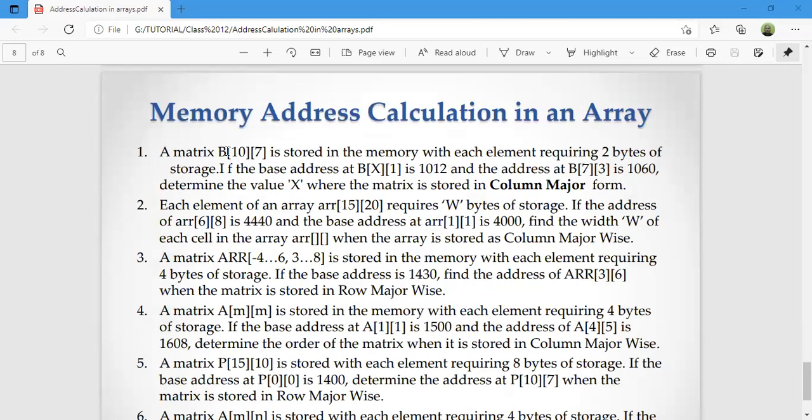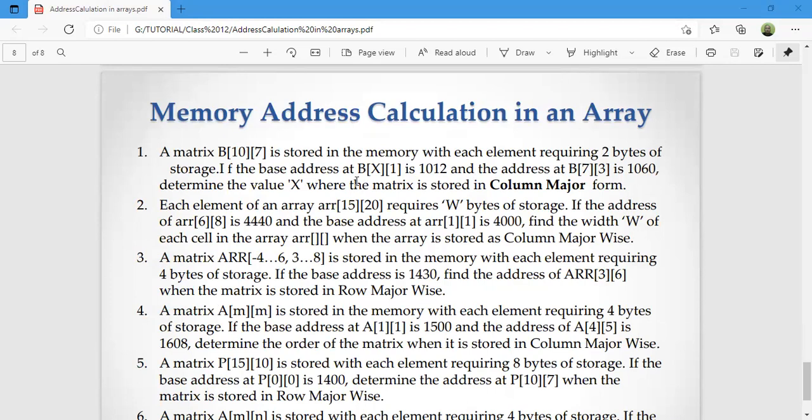The first question is straightforward, where the size of row and column is given, that is M is 10 and N is 7. Each element requires 2 bytes of memory, that means your W is 2.